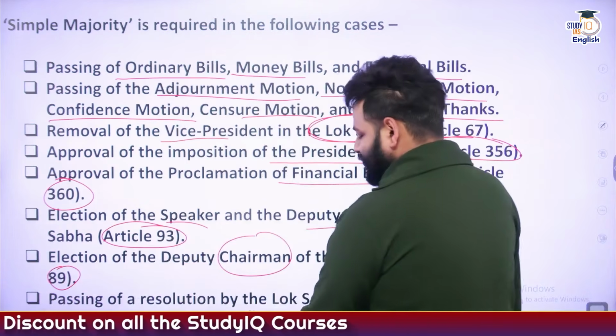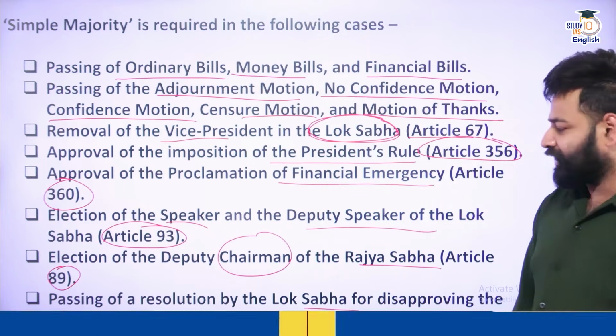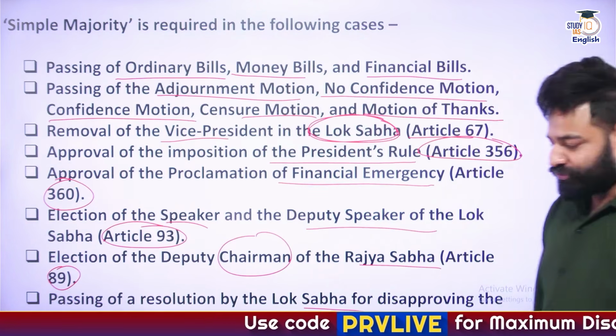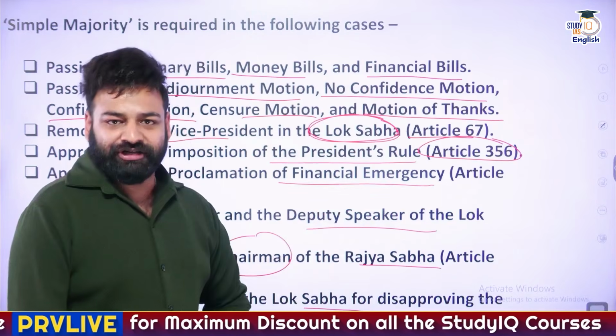And finally, passing of the resolution by Lok Sabha for disapproving the continuation of national emergency, once again Article 352. These are the incidences in which simple majority is used.